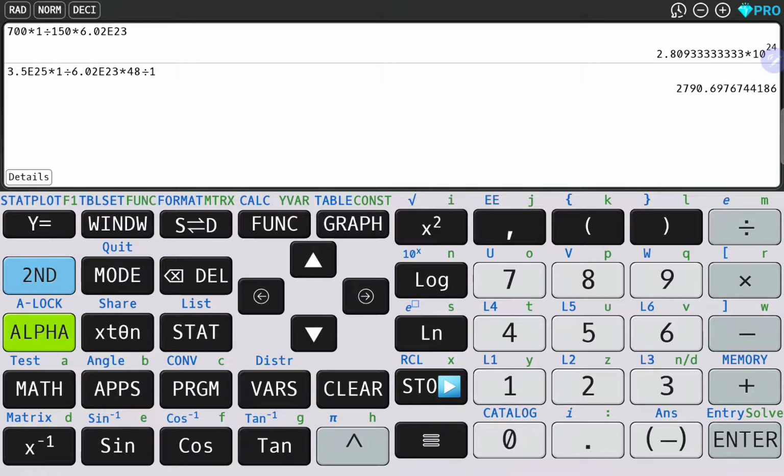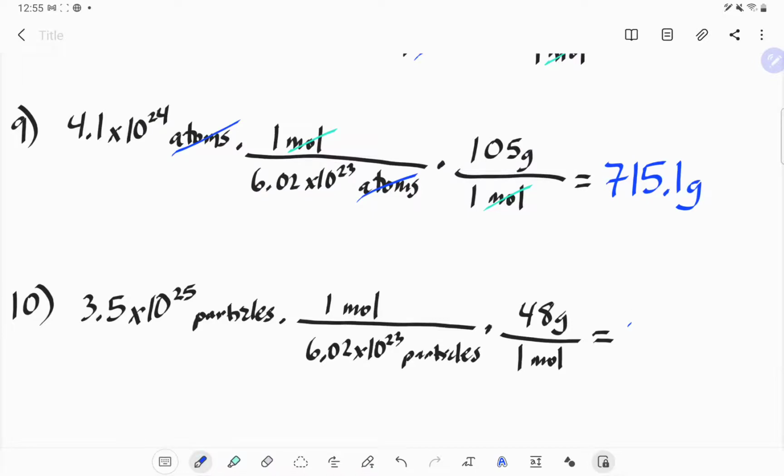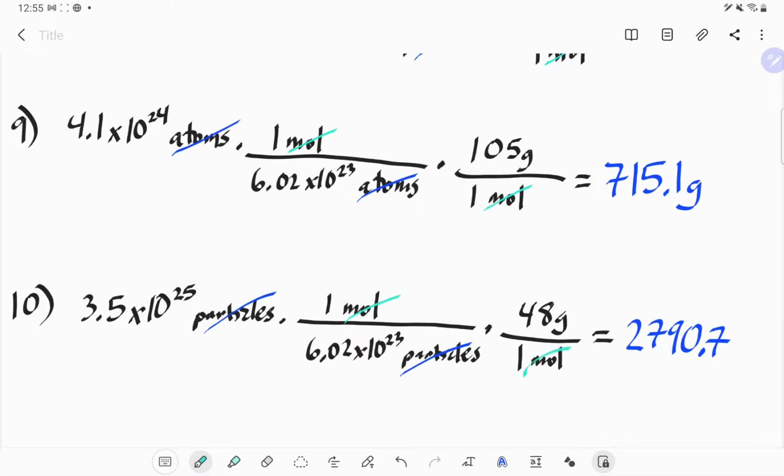And we get 2,790.7. Let's see what units we're using. Particles cancel, moles cancel, and we're left with grams.